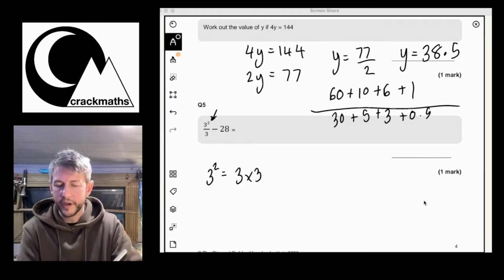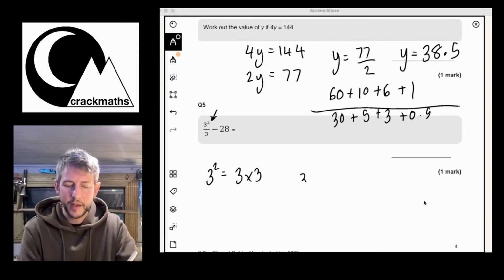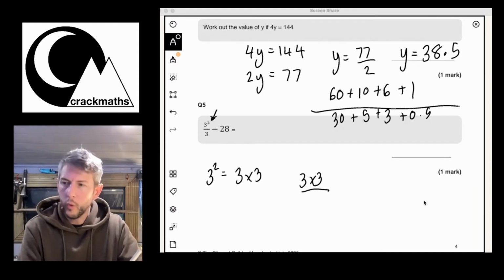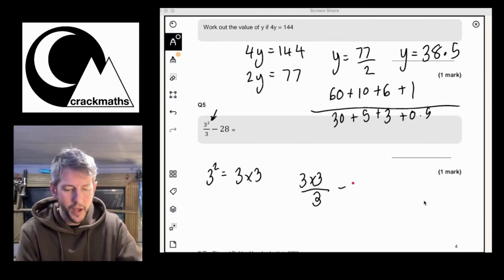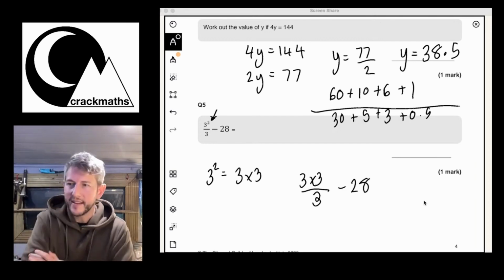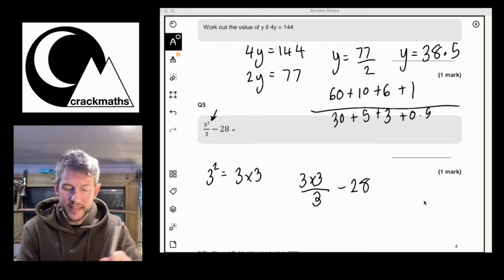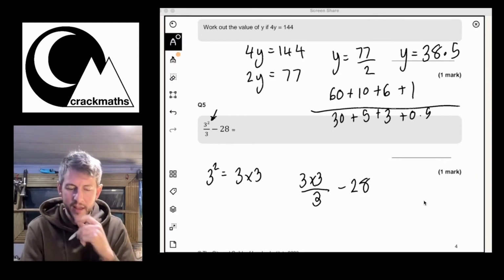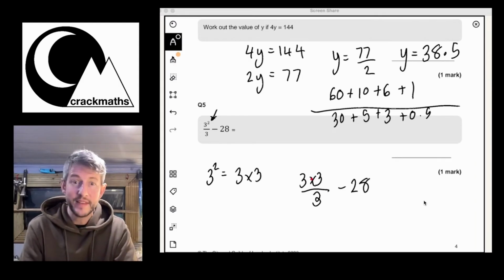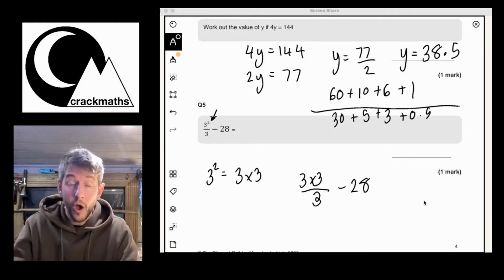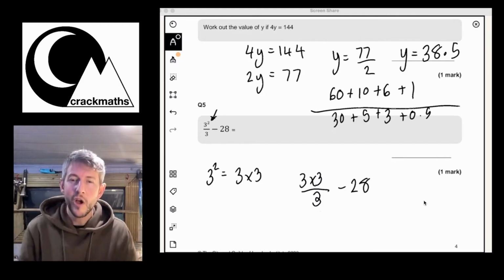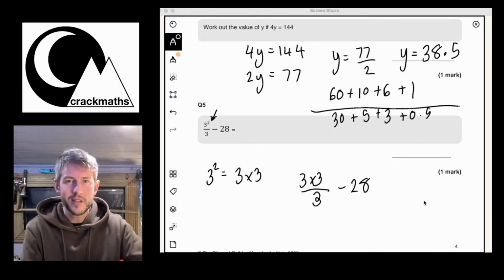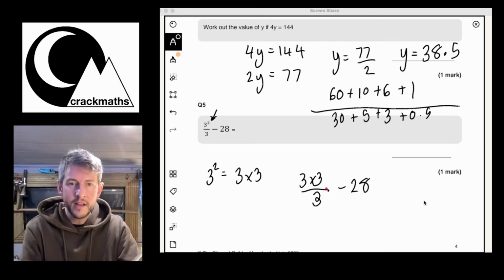So this is going to become 3 times 3 all over 3 take away 28. If a number appears on the top and the bottom of the fraction, you can cancel them out because it is just like dividing the top and the bottom by the same number. So I'm going to divide this fraction, top and bottom, by 3.